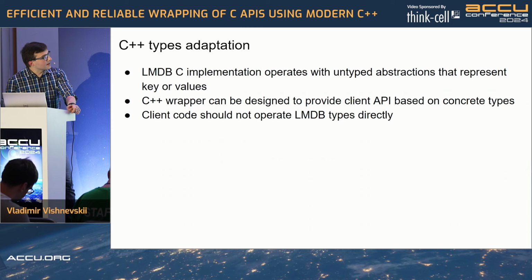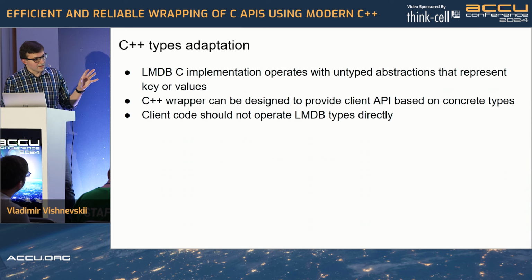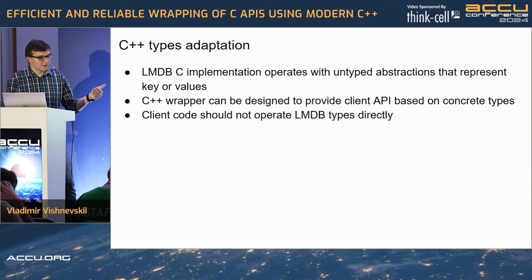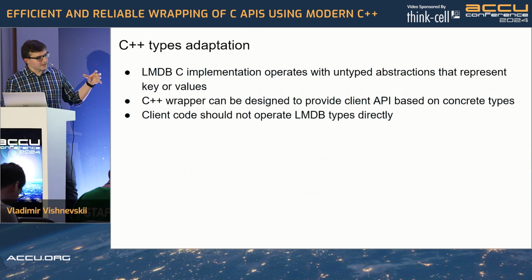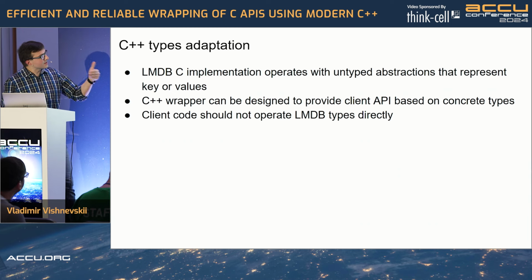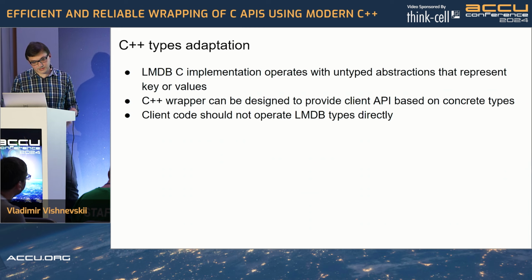And this is quite a typical problem, because the client code would benefit if this translation and representation for the C API is done by the wrapper code itself. Yes, and there will be no need to take care of this all the time in the client code.